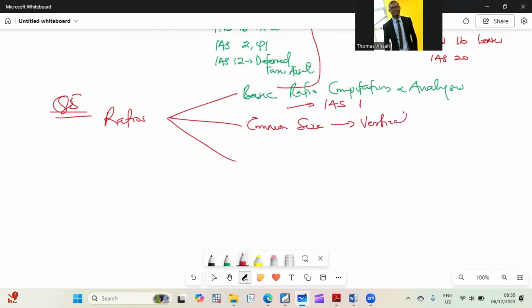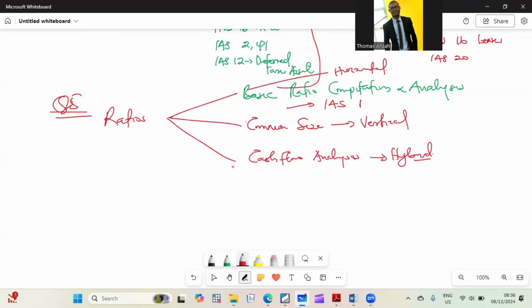And you have cash flow ratios, cash flow analysis, which is a hybrid of both the vertical and the horizontal. So this one mostly is a pure horizontal, and you have the vertical, and the cash flow does the hybrid.